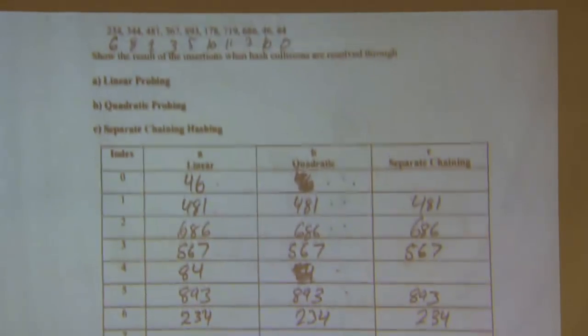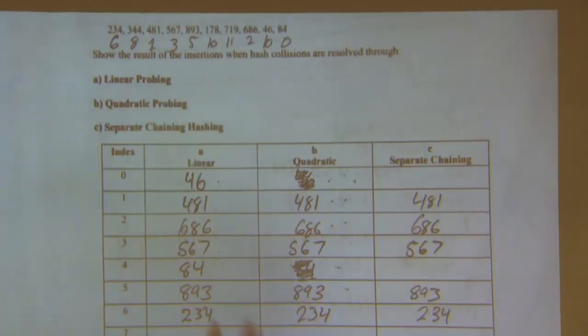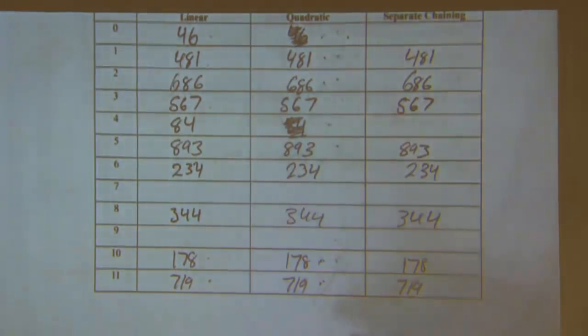So when I'm doing 46, I try hashing it to position 10. That doesn't work. And so I go 1 squared away from where I currently am, and I get here, right? And that doesn't work either.